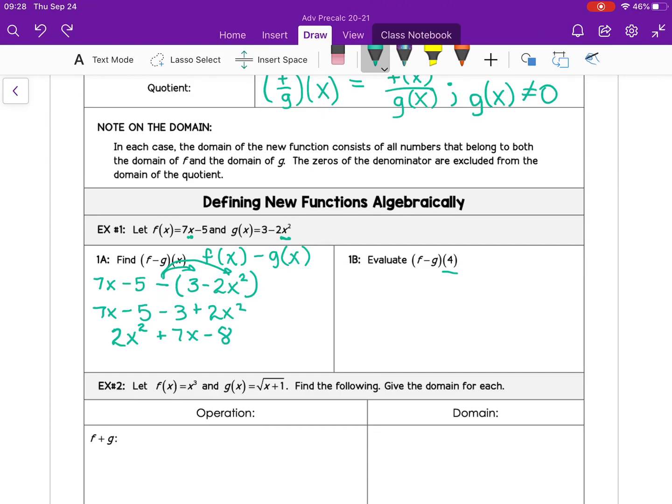All right, so how is that different than the next problem that says f minus g of 4? The difference is that everywhere that there's an x, I am going to plug in the number 4. So notice there were two places with x there. Both of those places with x I replaced with 4.